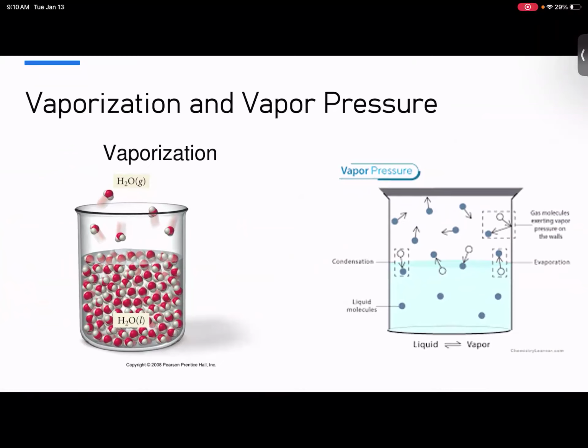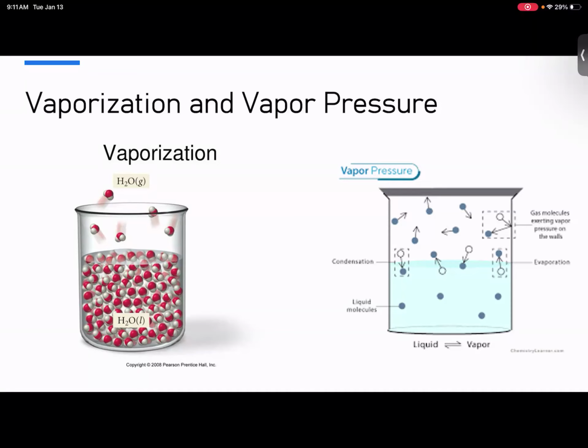What we're going to start, but I won't get very far, is this concept of vaporization and vapor pressure, which is yet another set of physical properties associated with intermolecular forces. What's the difference between vaporization and vapor pressure?